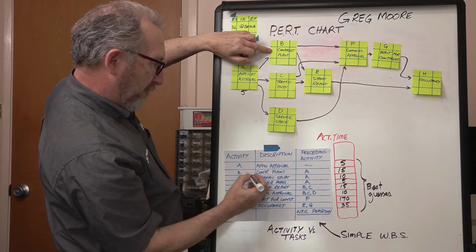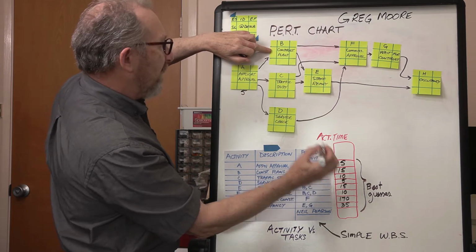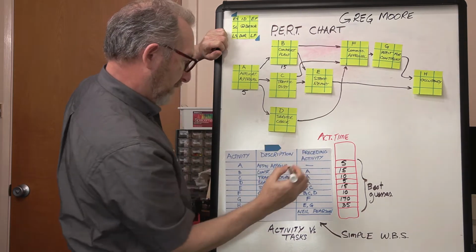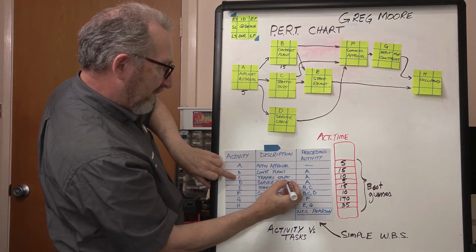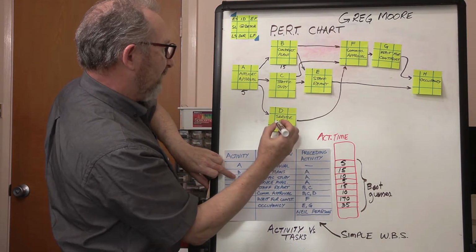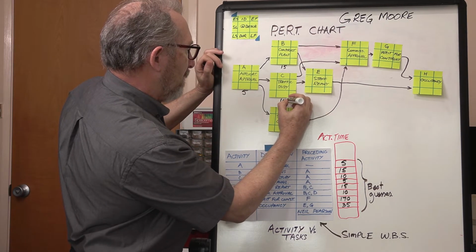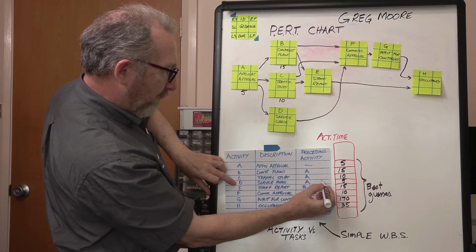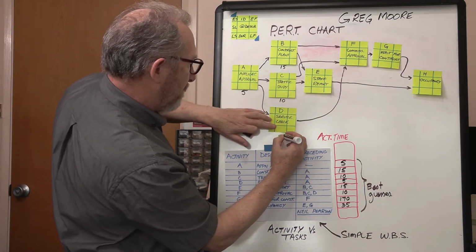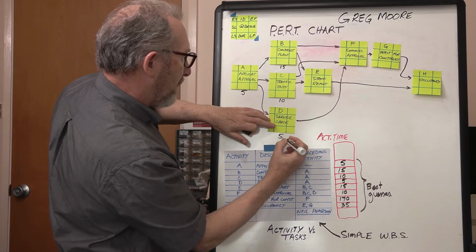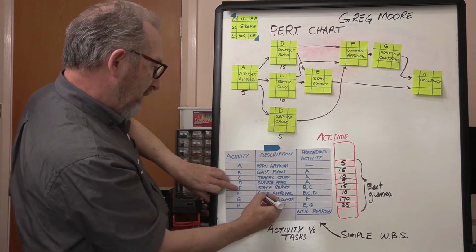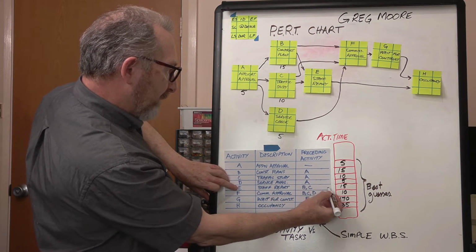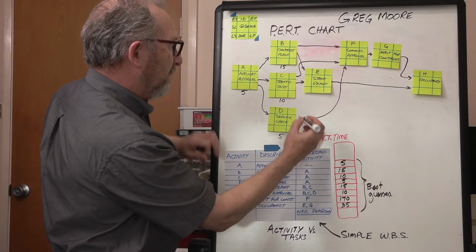Construction plans B, we have a duration of 15. Traffic study, we have a duration of 10. D, service availability, we have a duration of 5. E, staff report, we have a duration of 15.